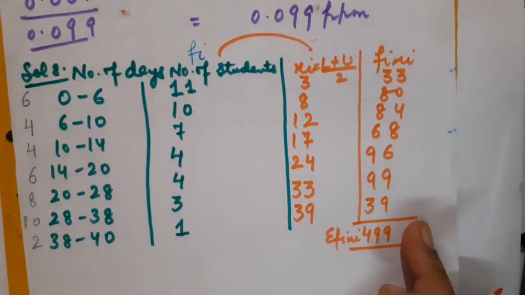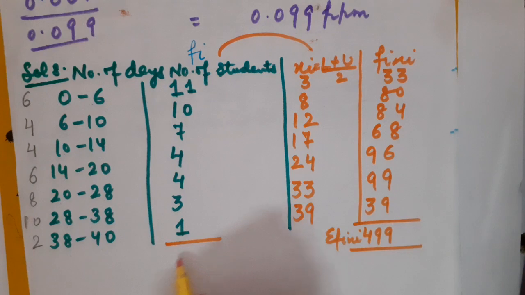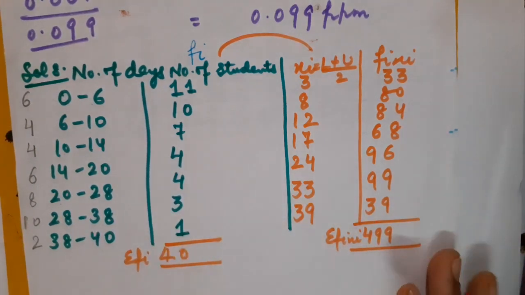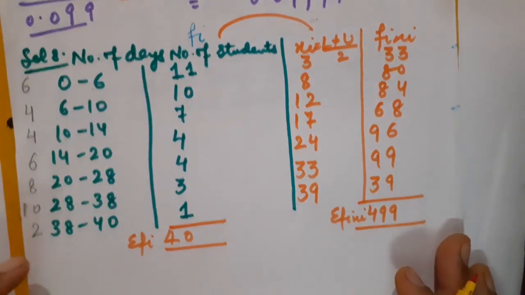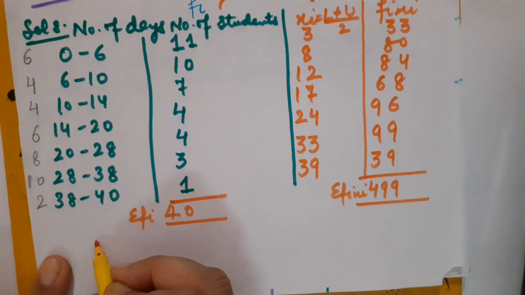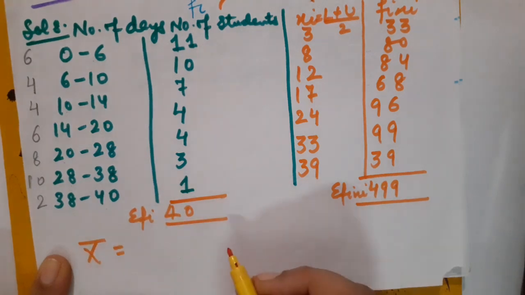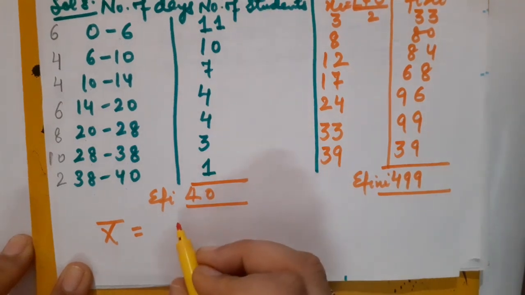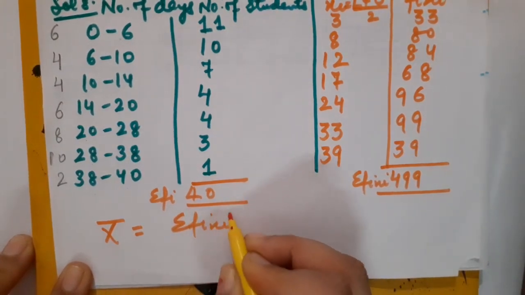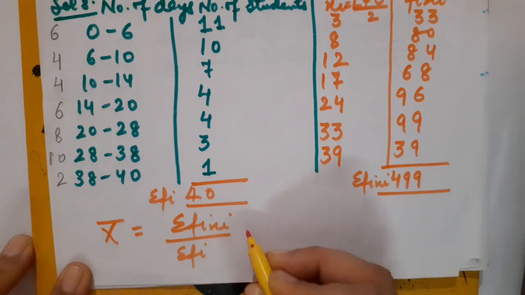Correct? Now you know that the strength of the students was 40, meaning sigma fi is equal to 40. So no need to go for the addition of all these terms. The addition is already given to us in the question. So let us calculate x bar, which is actually the symbol for mean. The formula is sigma fi xi upon sigma fi.